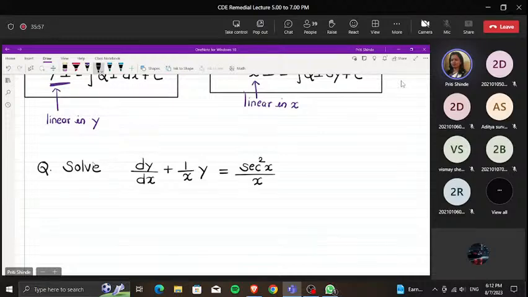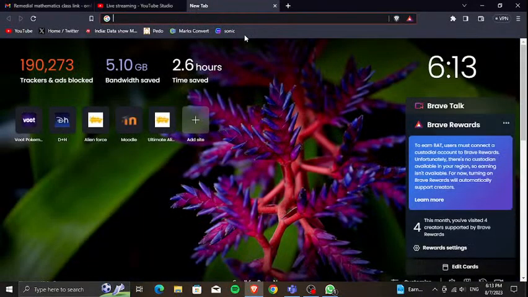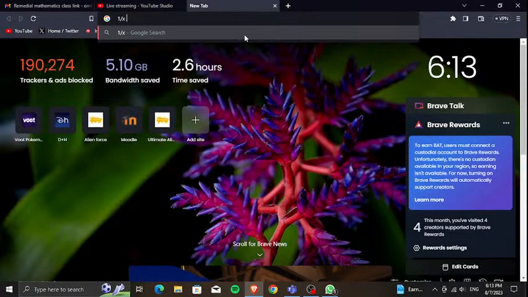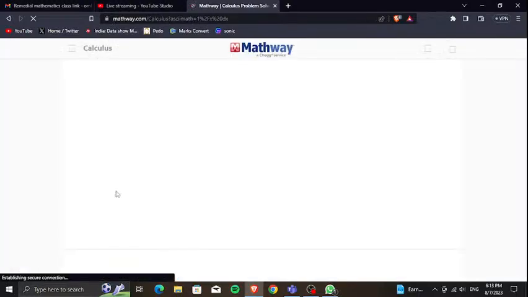You can check this differential equation contains only one y: dy by dx plus some function of x into y. The right hand side is a function of x only.